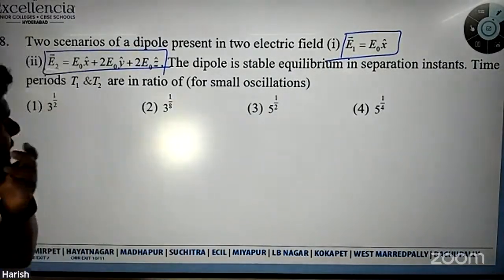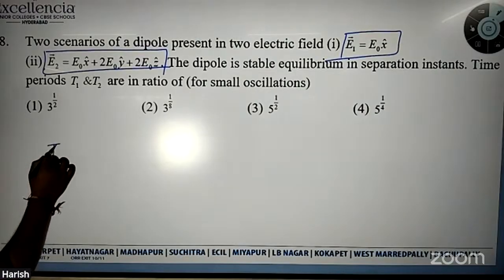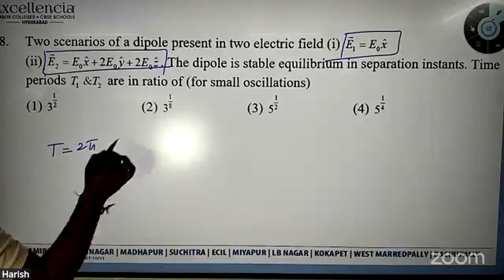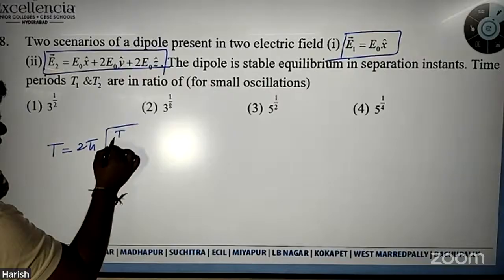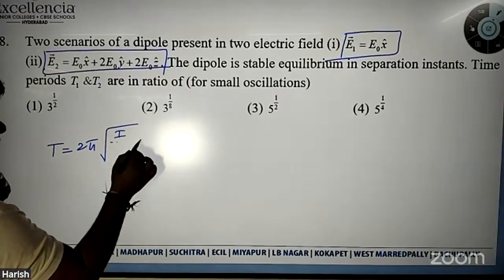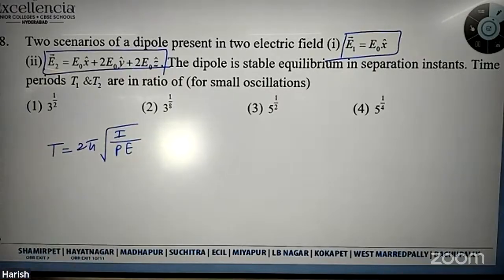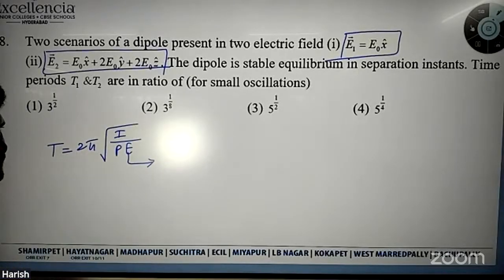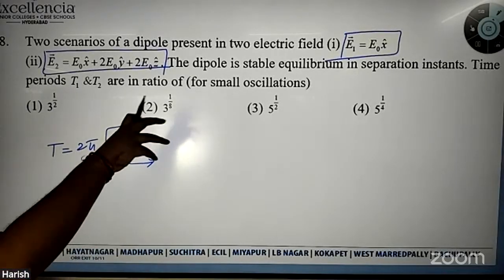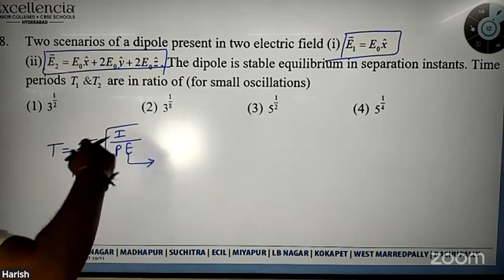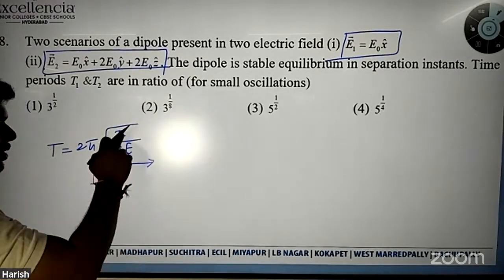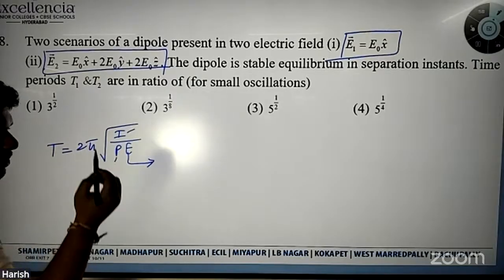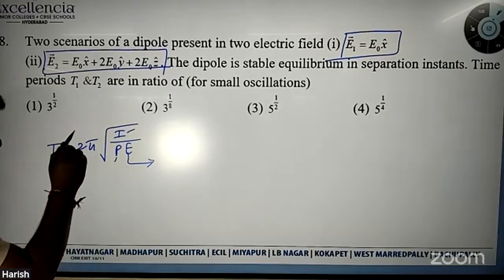We know the time period of those oscillations: T equal to 2 pi root of I by P into E, where I is the moment of inertia, E is the magnitude of electric field, and P is the dipole moment. As we are keeping the same electric dipole in both fields, I will be the same, and P will also be the same.